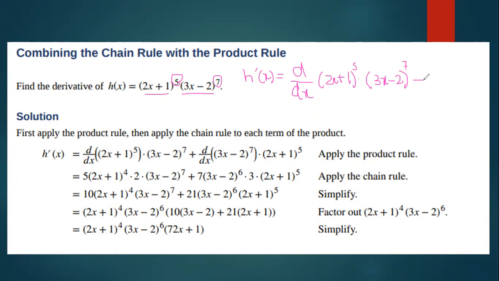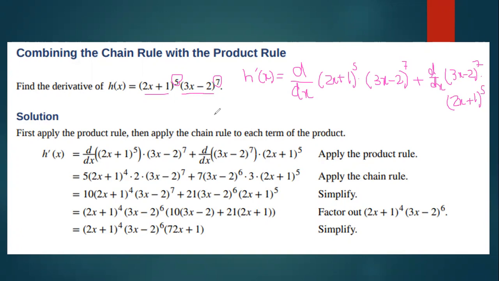Okay, then plus the second derivative, d upon dx of (3x minus 2) power 7, into the first as it is, (2x plus 1) whole power 5.